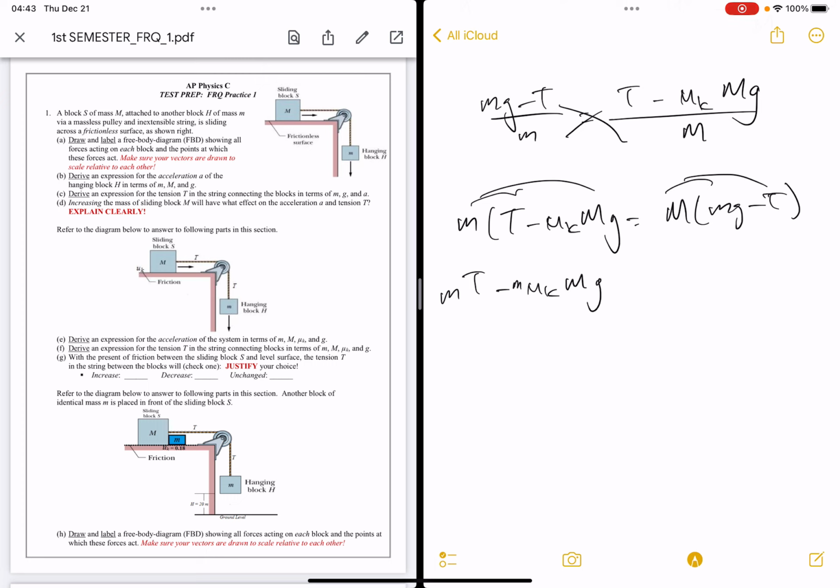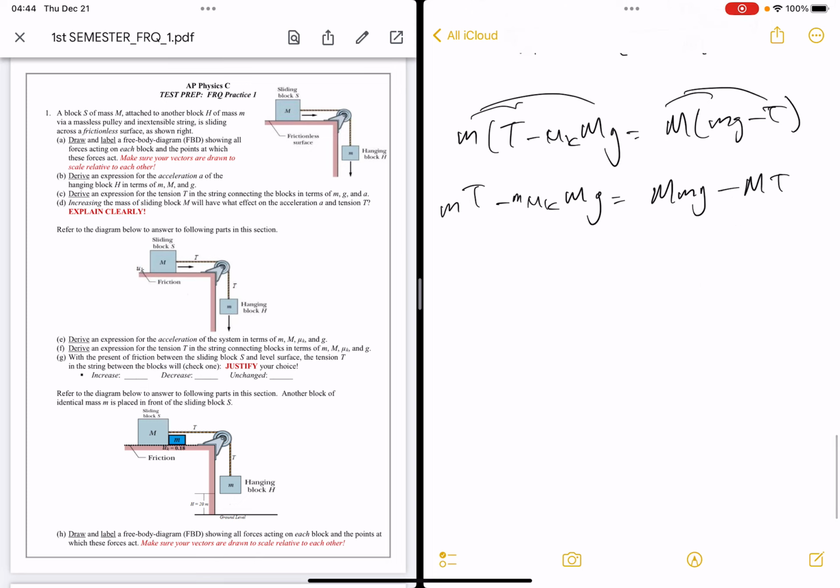Distribute both factors. Oops, forgot the m. So big M small mg minus big MT equals mT minus m mu k Mg. We get the T's on one side, so I'm going to add that one over, plus big MT, and add the other negative term to the other side.